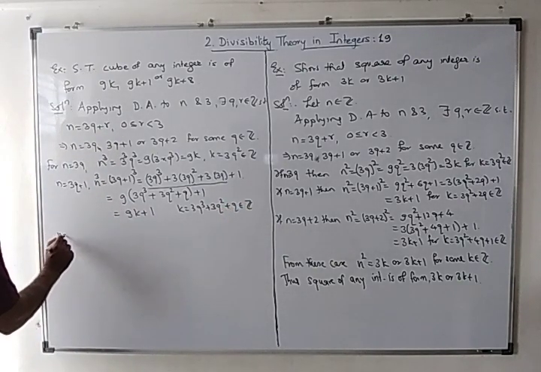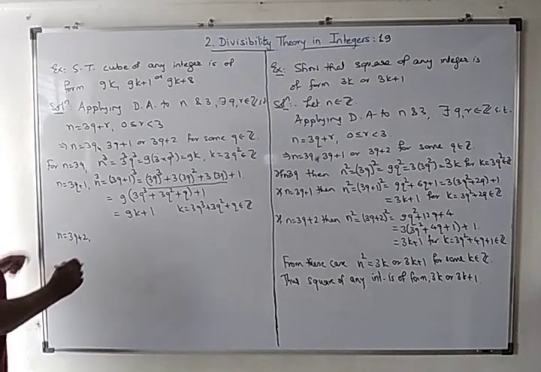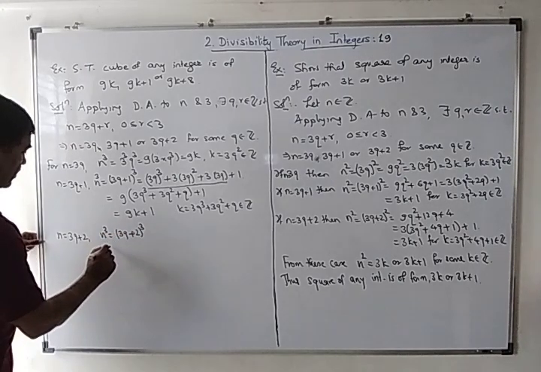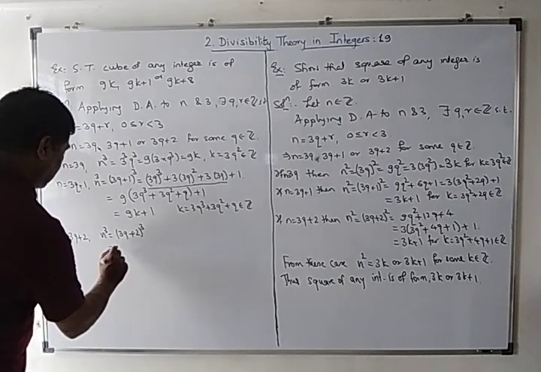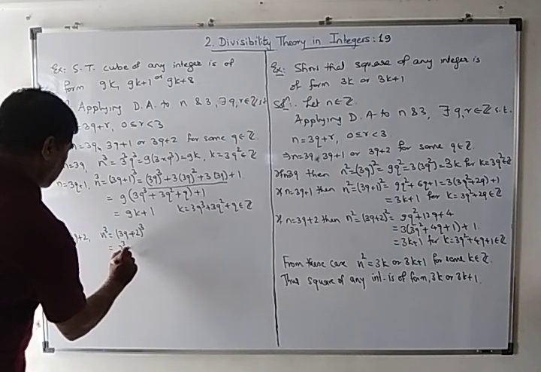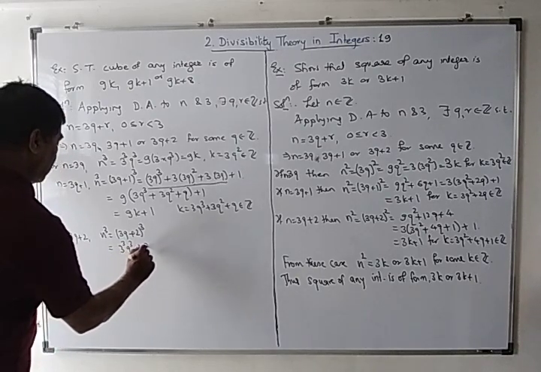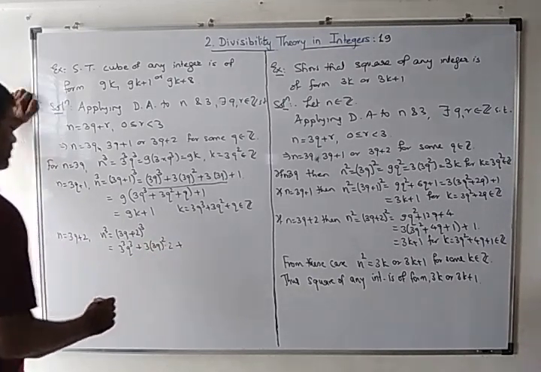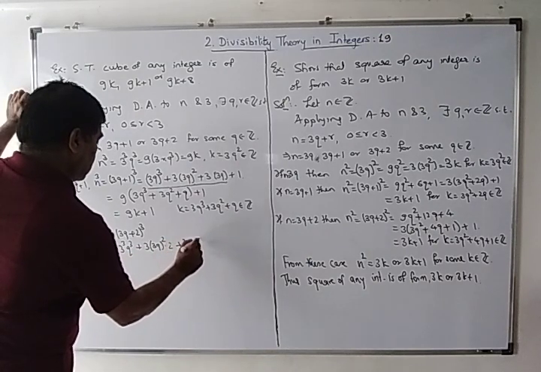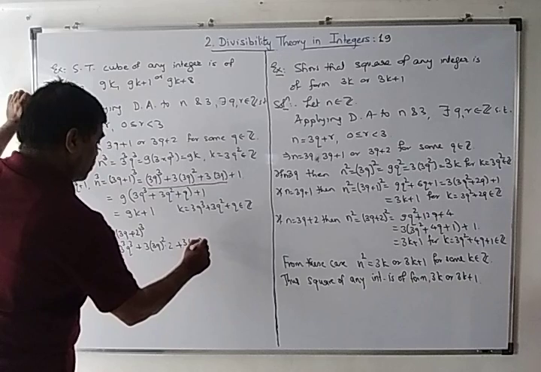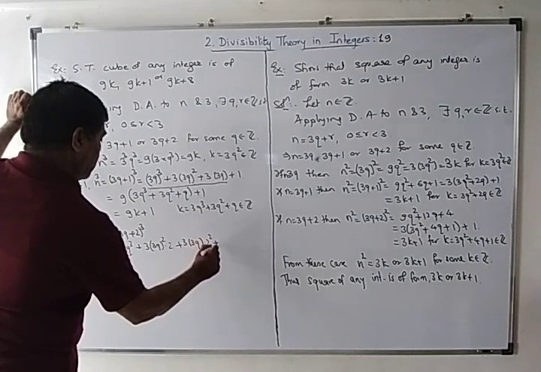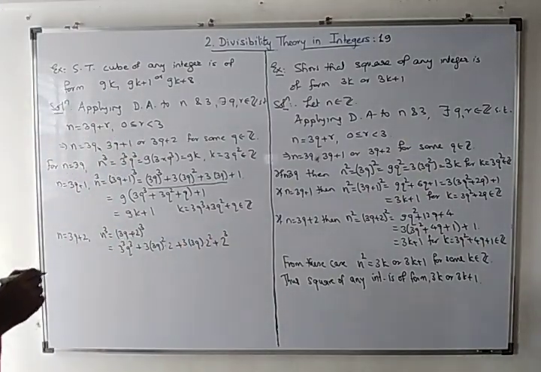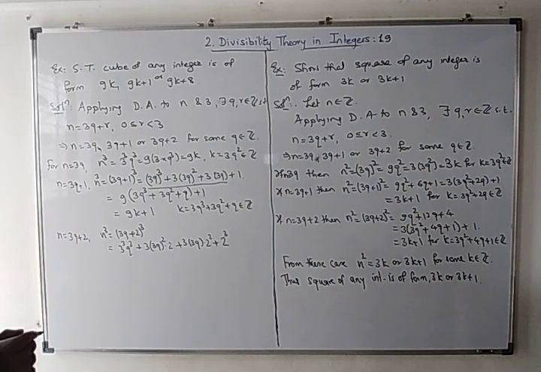For n equal to 3q plus 2, we get n cube equal to 3q plus 2 whole cube. On the same lines, we get 3 cube into q cube plus 3 times 3q square into 2 plus 3 times 3q into 2 square plus 2 cube, that is 8.